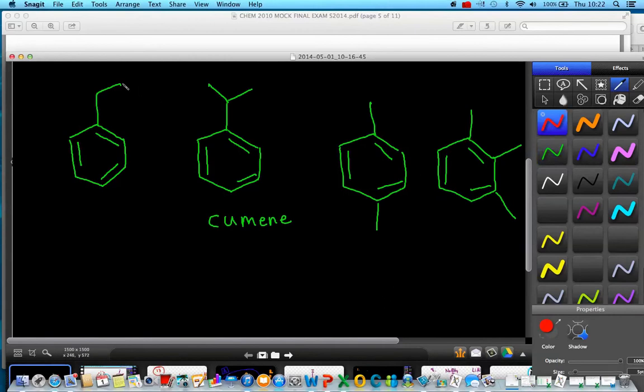So let's look at our carbon environments. We would have 1, 2, 3, 4. Of course, now we know this one isn't right. 5 and 6.